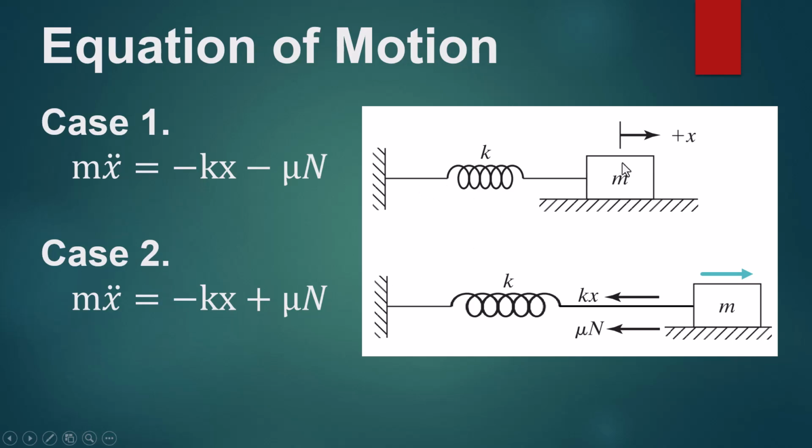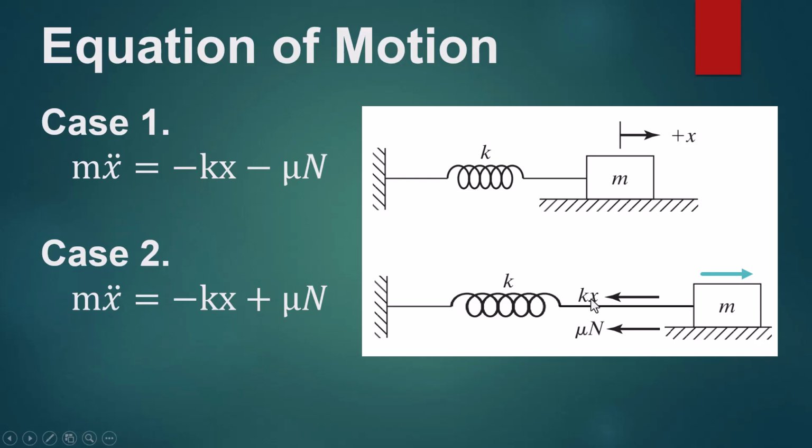For example, suppose this is the equilibrium position of a mass and it is moved to the right. When it is moving to the right, the friction force is to the left, resisting the rightward movement. Also, the spring is trying to move the mass back to its equilibrium position.